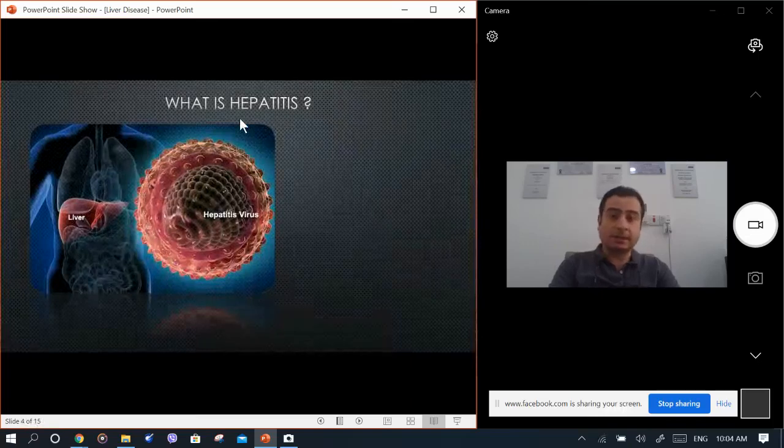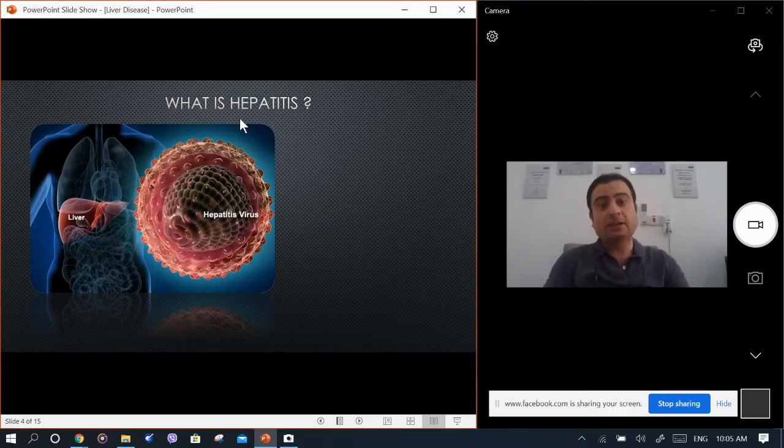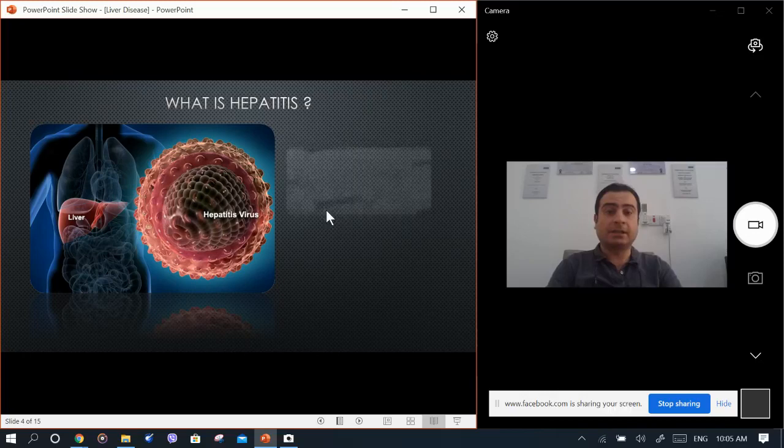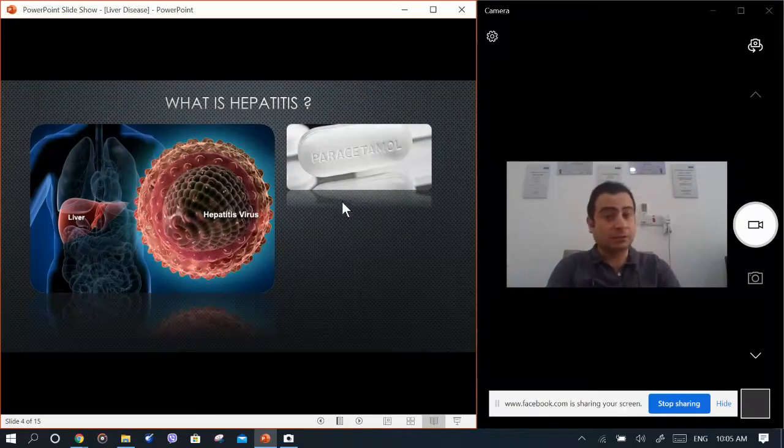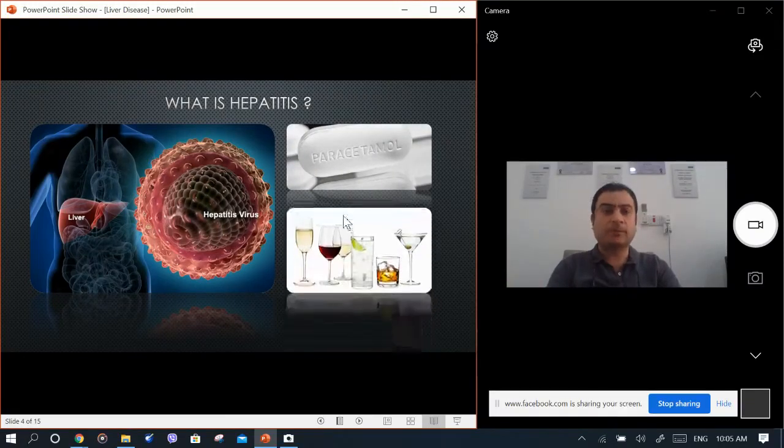So what is hepatitis? Hepatitis means inflammation of the liver. Unfortunately, it is often confused with viral hepatitis, but there are different types of hepatitis. We have hepatitis that is caused by paracetamol. We have hepatitis that is caused by alcohol abuse.